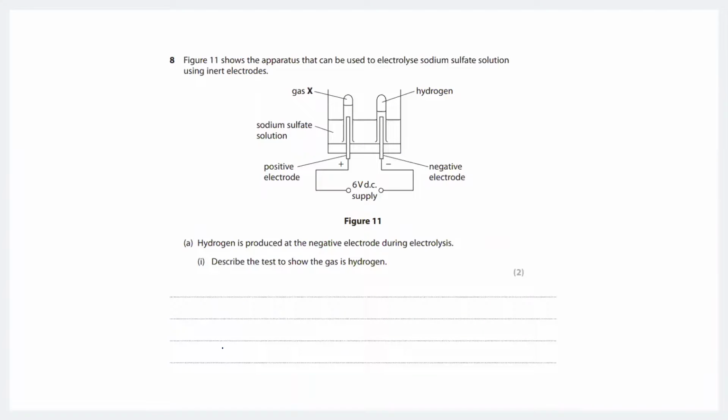Figure 11 shows the apparatus that can be used to electrolyze sodium sulfate solution using inert electrodes. Inert means it doesn't react with the solution. Hydrogen is produced at the negative electrode during electrolysis. Describe the test to show the gas is hydrogen. So this is the standard hydrogen test. So place a lit splint into a tube of hydrogen.